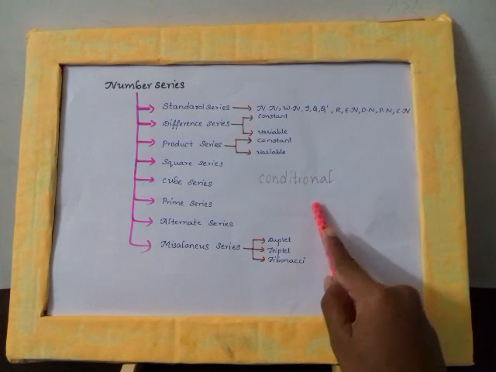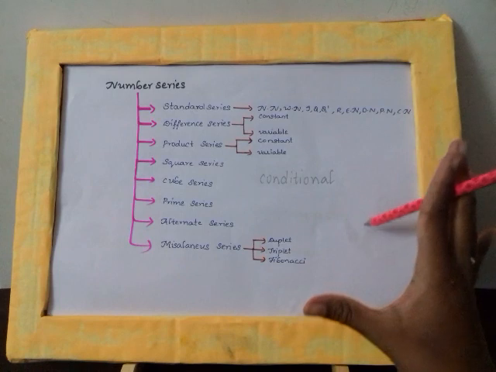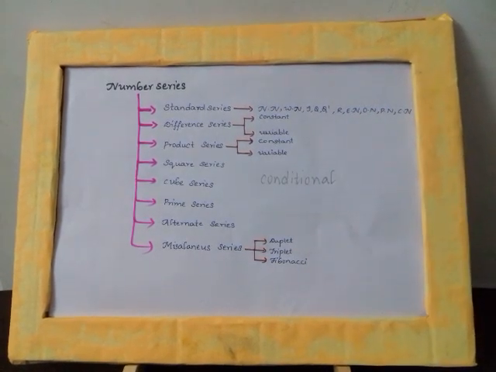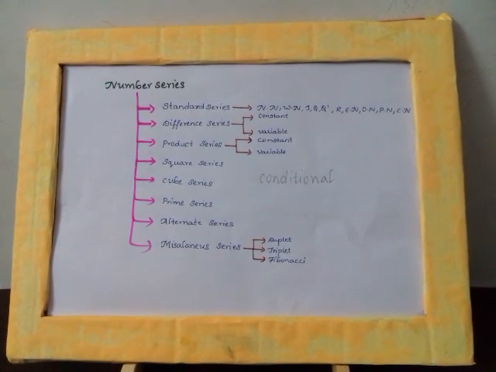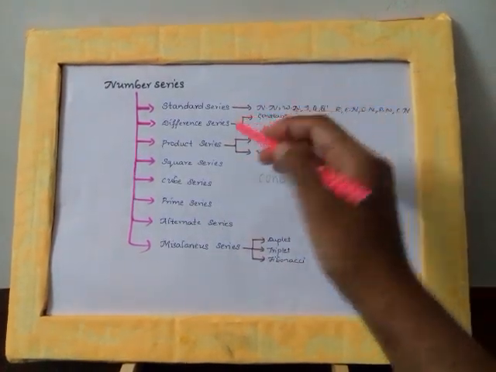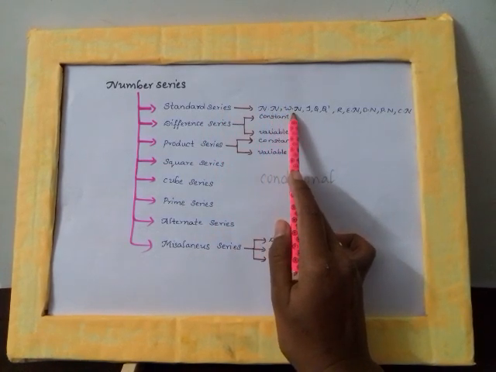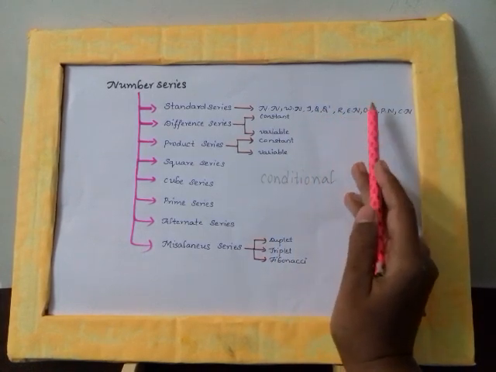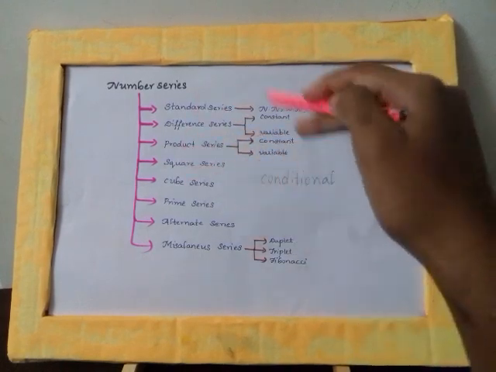Miscellaneous series and conditional series are very different and they don't contain a proper logic. That is, they have a logic which is different from the mathematical ways which we represent in all the others. First, going to the standard series, the series of natural numbers, whole numbers, integers, rational numbers, irrational numbers, real numbers, even numbers, odd numbers, prime numbers, composite numbers comes under standard series.